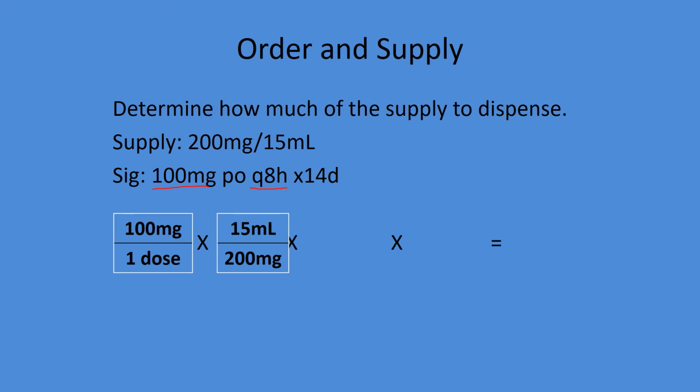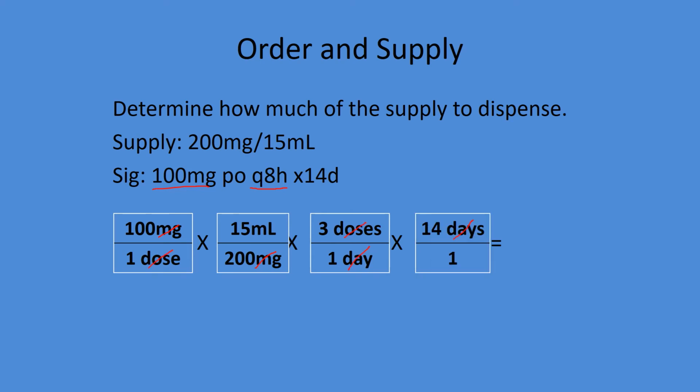We'll multiply by the supply to get the amount. 3 doses a day. And then this regimen is going to be for 14 days. So it asks for how much of the supply. We're left with mLs, and the mLs is in supplies. So that'll take about 315 mLs.